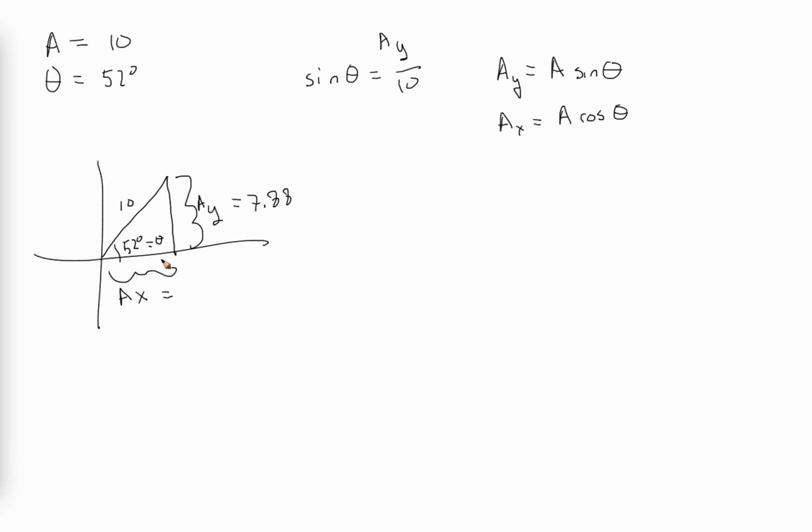And I get 6.16. So what this is saying is if you go 6.16 miles east and then 7.88 miles north, you'll end up exactly the same place as if you went 10 miles at 52 degrees north of east.